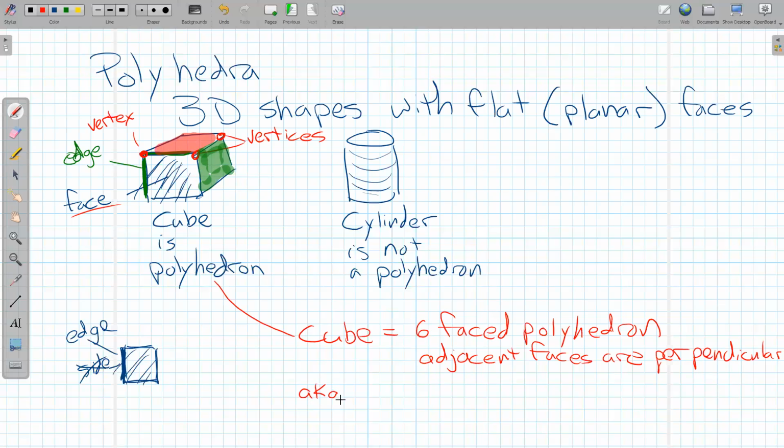So also known as, AKA, a hexahedron. But it turns out there are other shapes that have 6 faces that aren't cubes. So I'm just going to switch cameras for a second to show one, and then I'll do my best to draw it. Wish me luck.